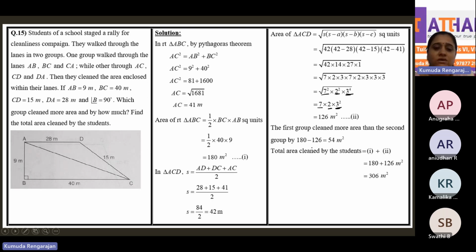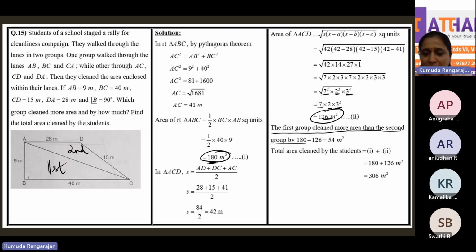So 126 meters squared. So who has cleaned more area? This one is 180, and this is 126. This one is cleaned by the first group, and this one is cleaned by the second group, as given in the question. So the first group has cleaned 180, the second group 126. So the answer is the first group cleaned more area than the second group by 180 minus 126, 54 meters square.